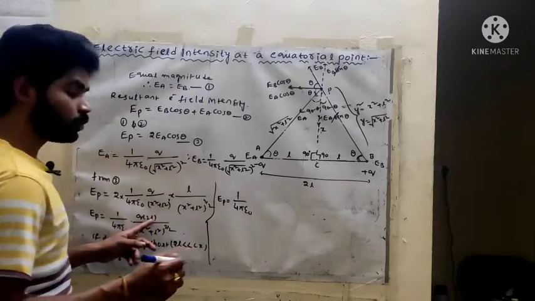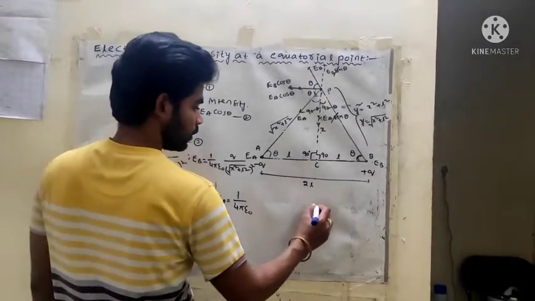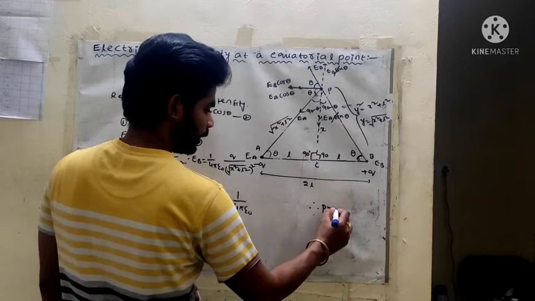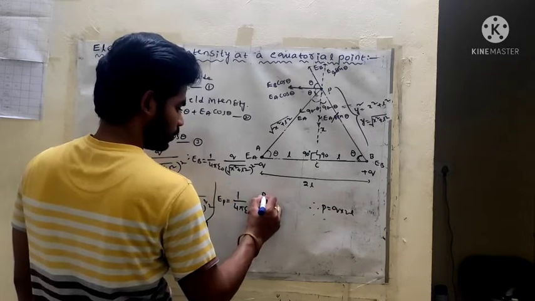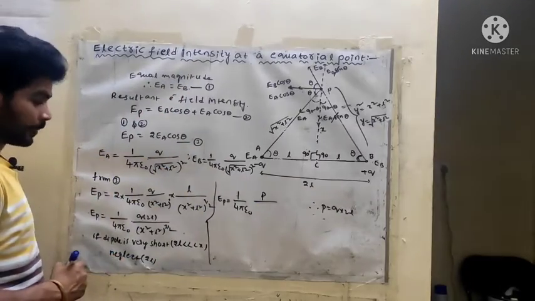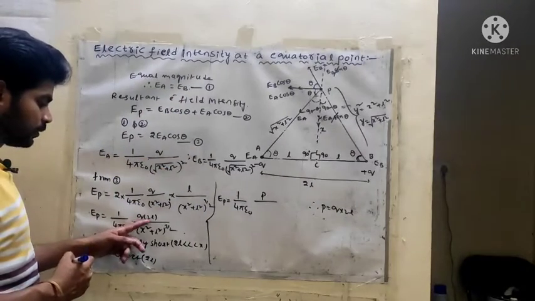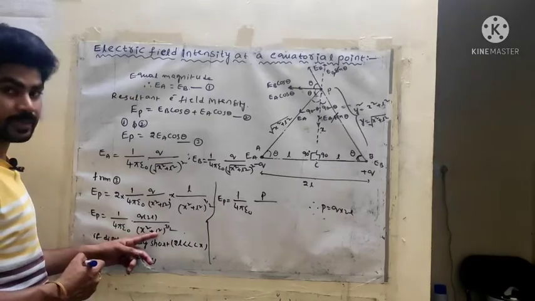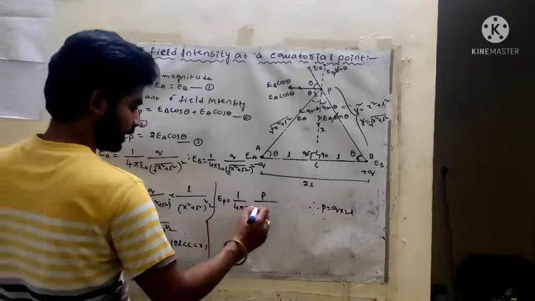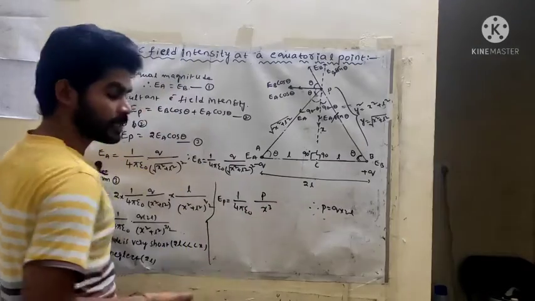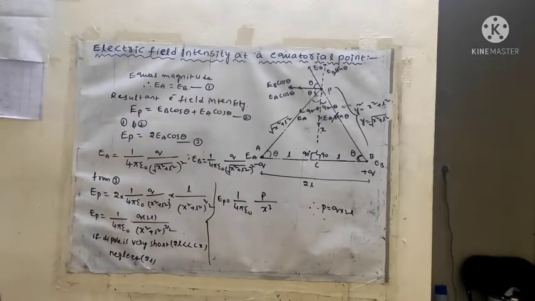And q into 2L, therefore here the dipole moment P is equal to q into 2L. So P by x square plus L square, L is neglected, x square whole power 3 by 2, this 2 gets cancelled, here simply x power 3, since the dipole is very very short.